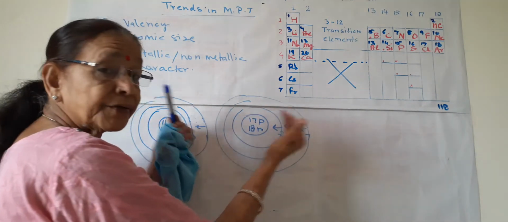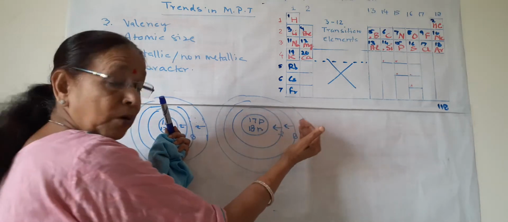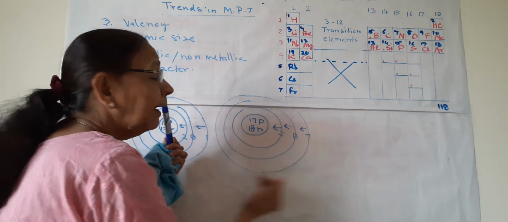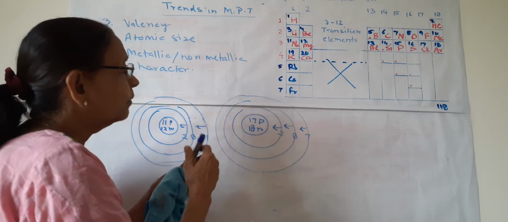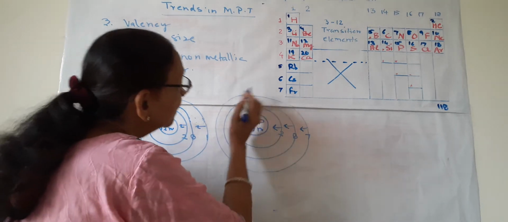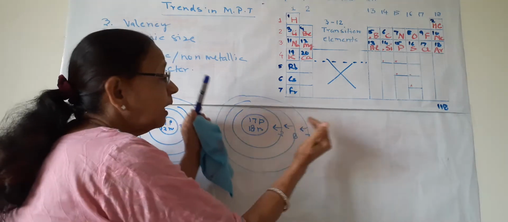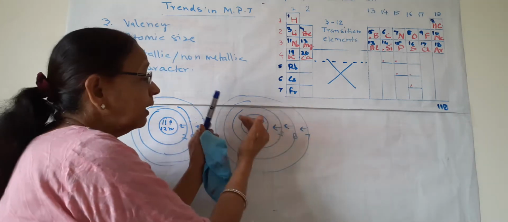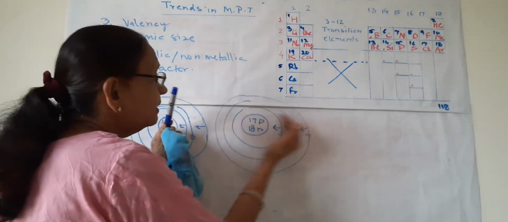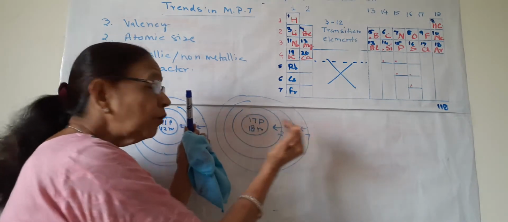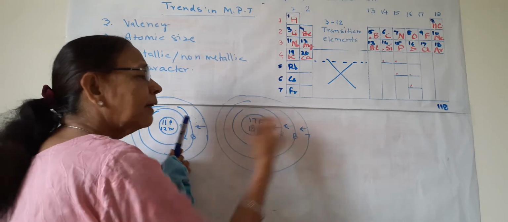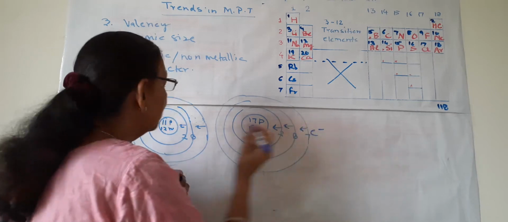When they attract these electrons towards themselves, and the last valence electrons also, then the size of the atom becomes less. There is a contraction in the size of the atom. As they are attracted with more force toward the protons, these electrons are negatively charged.